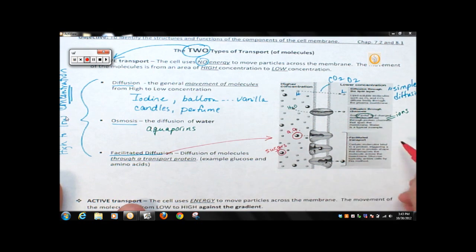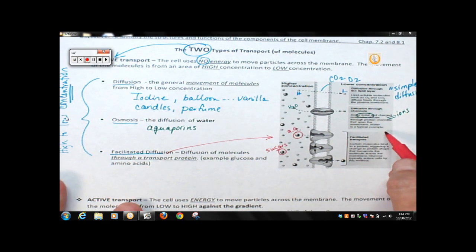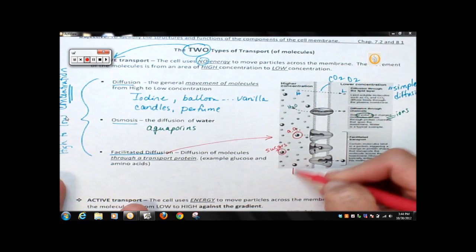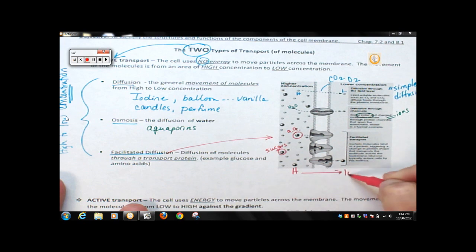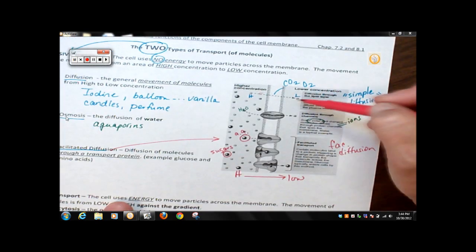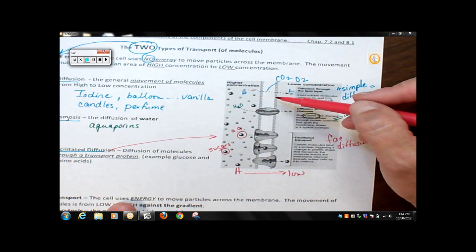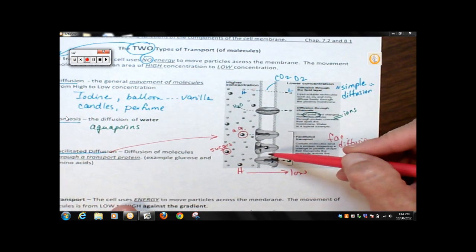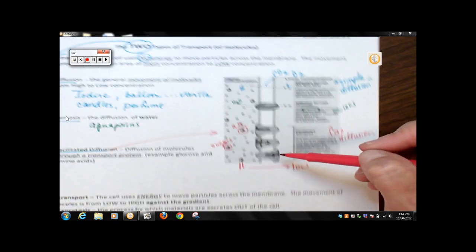And it doesn't require energy, because they go down from a high to low concentration. So in order of advancement, this is pretty easy, simple, that's what I was going for, all the way to the most complex of the types of passive transport.